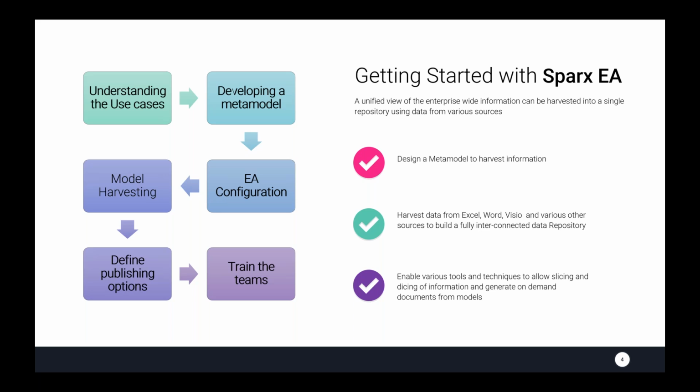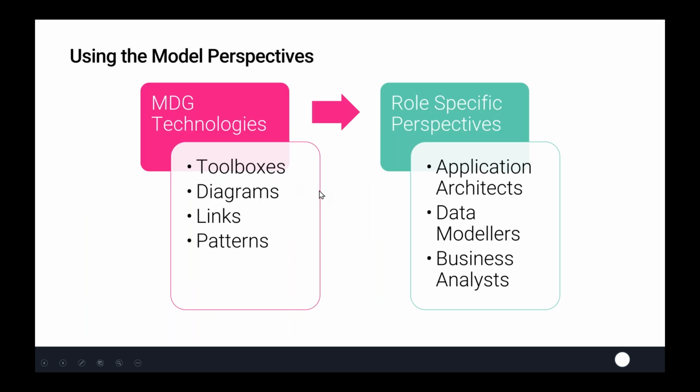Now it's all been simplified, and this model perspective is just one more step closer to helping us achieve this EA configuration part. Essentially, it's the MDG technologies and role-specific perspectives. MDG technologies, as we all know, define the toolboxes, the diagrams, and the quick linkers that are expected to be used by people, as opposed to using the entire toolbox.